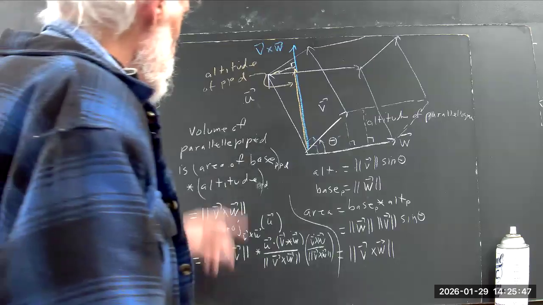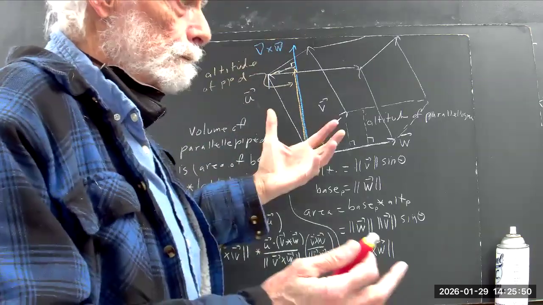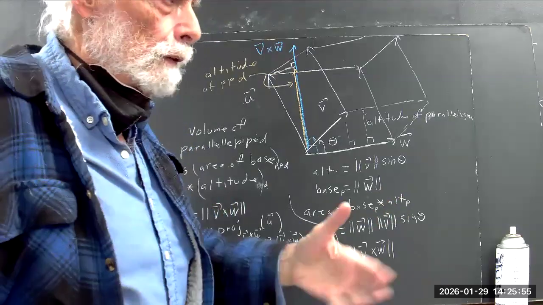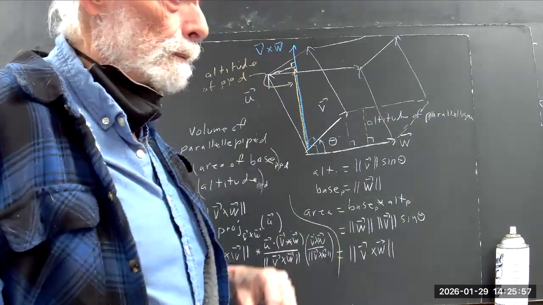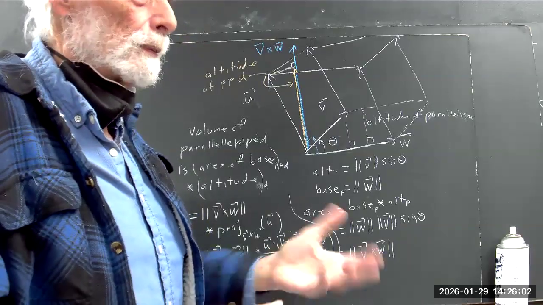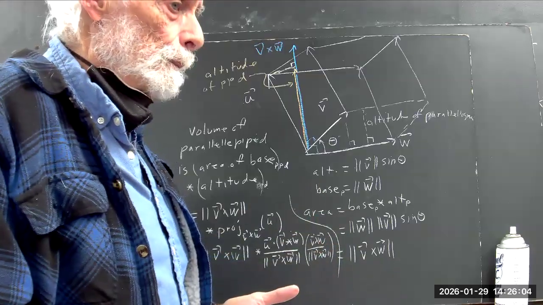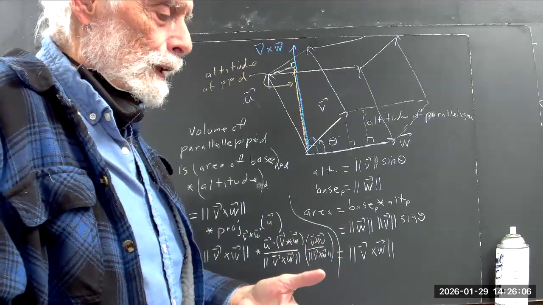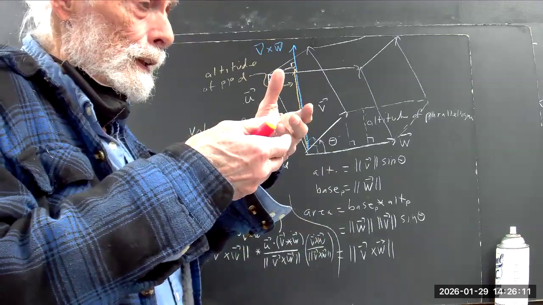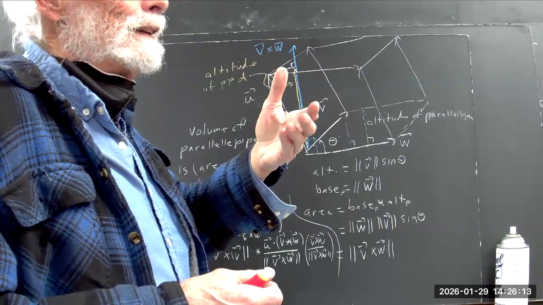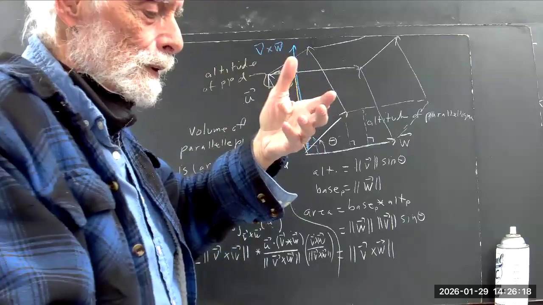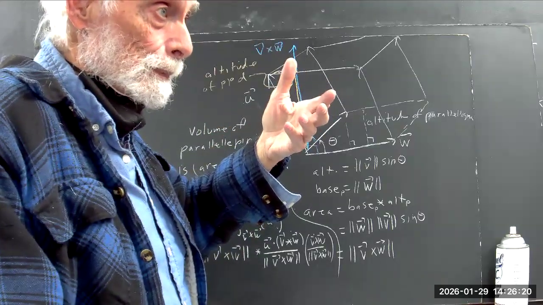So you take the area of the base times the altitude, and you want to reconcile it. You really want to understand that. Start with the volume of a rectangular solid. You take the area of the base, that's how many unit squares there might be in the base. And then if you come up a certain number of units, you're going to have a number of unit cubes equal to how far you come up times the number of squares in the base.